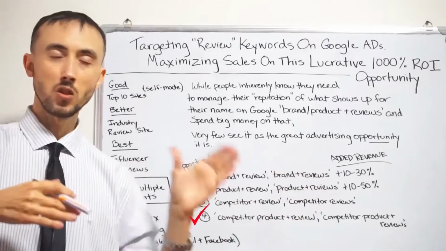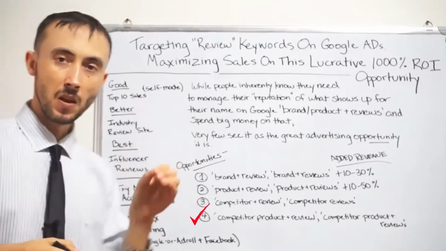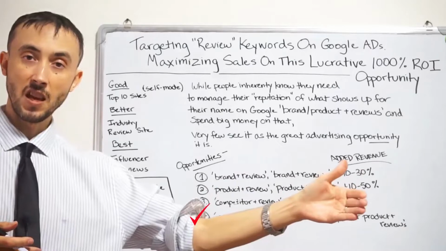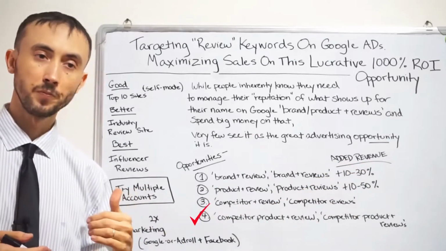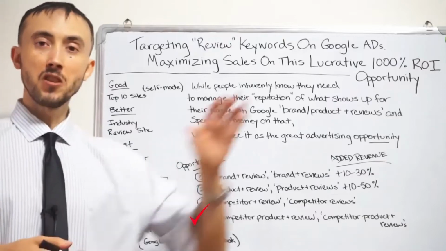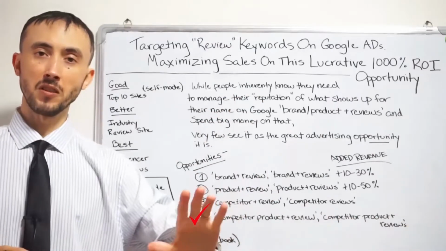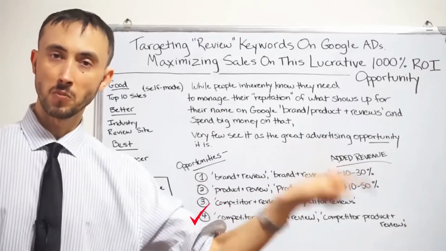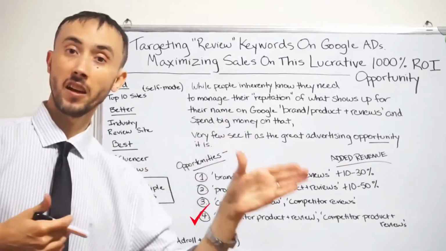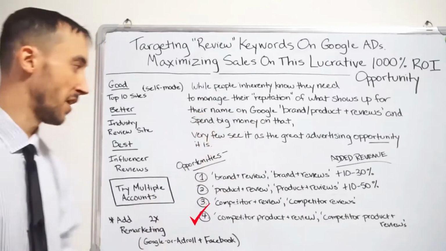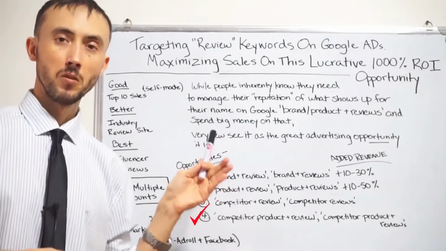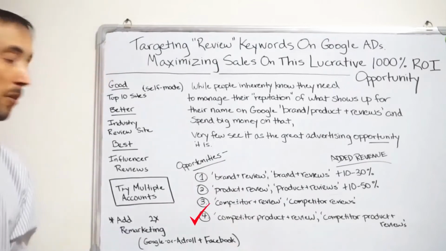So really, you have to create a place for the end consumer to go see a review for each product or service you have, and then for each competitor product or service, you can decide which one is most relevant, and then you'll get the big 1,000% ROI on each click that you get from each of those places where people are looking for the competitor product or service review individually by itself, okay?